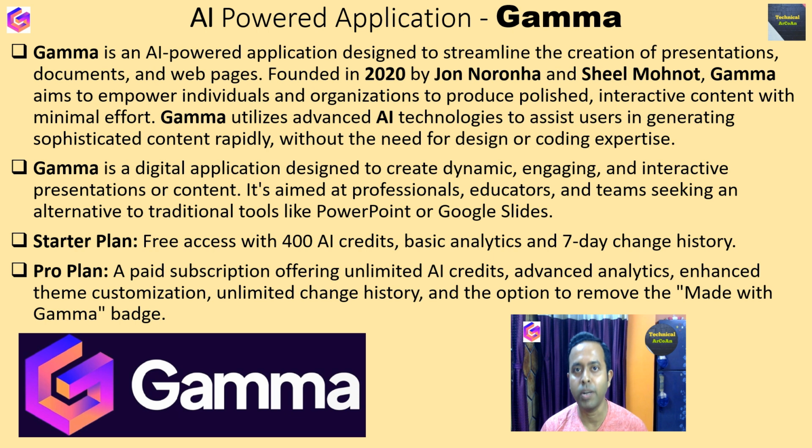If you upgrade to the pro plan, a paid subscription, you get unlimited AI credits, advanced analytics, enhanced theme customization, unlimited change history and the option to remove the Made with Gamma badge, which is a watermark shown when we are using the starter plan.